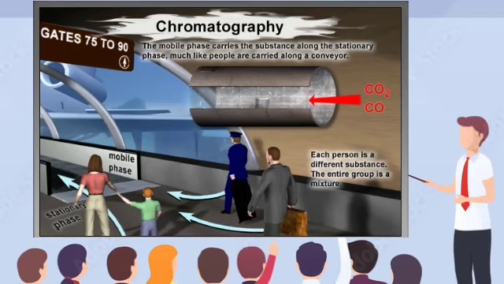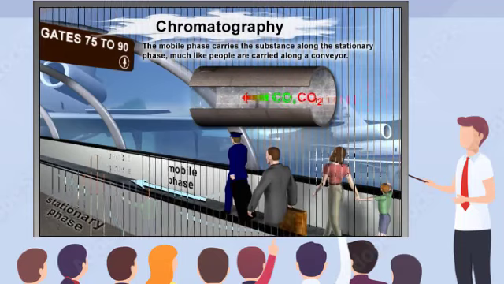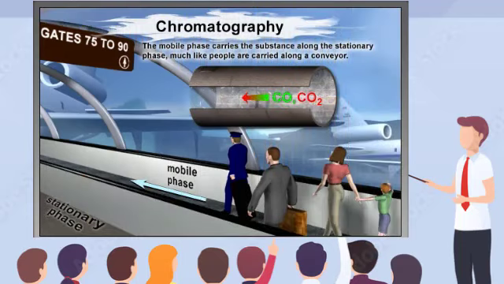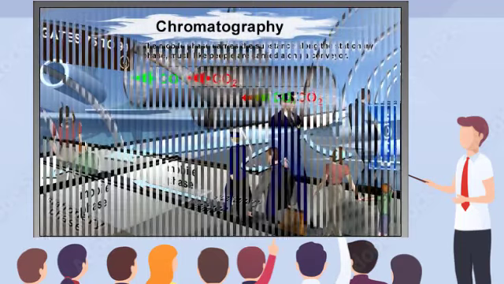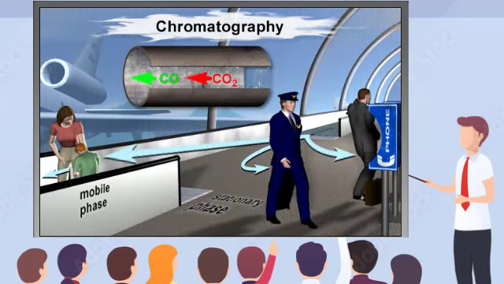As four people headed to the same gate step onto the conveyor, they begin to move towards the gate. Some people get off the conveyor at various stops. They represent the molecules that have a lesser attraction for the mobile phase, or conveyor, than the people who remain on the conveyor.